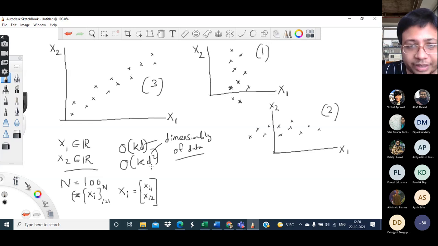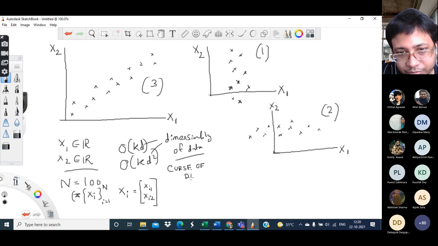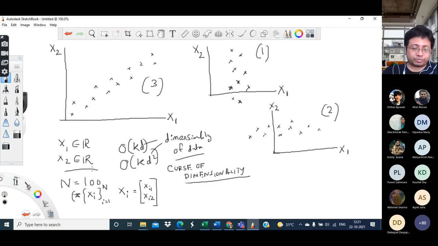This is sometimes known as the curse of dimensionality problem. Every dimension of this vector is a new feature, and we can understand, at least intuitively, that the more features we have, the better we will be able to express the data.